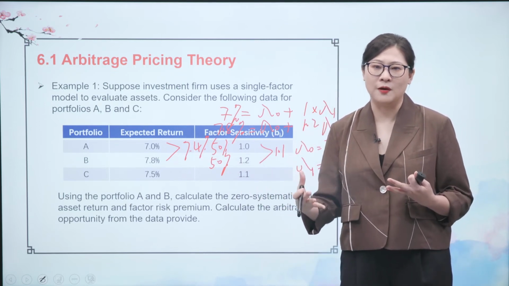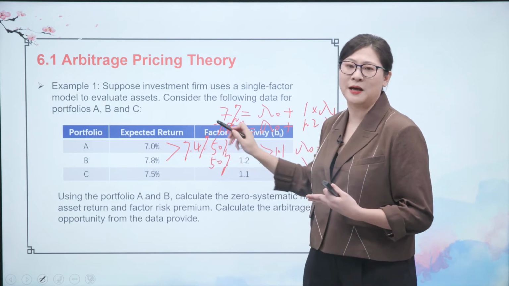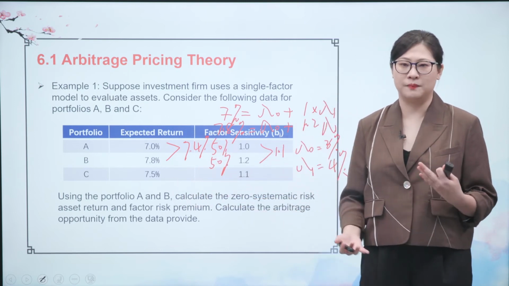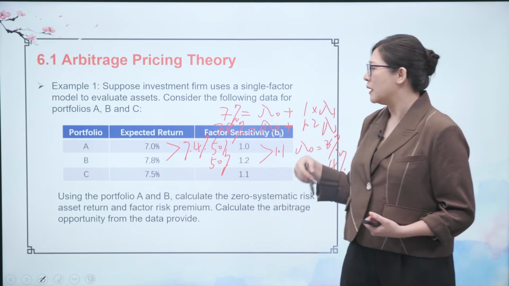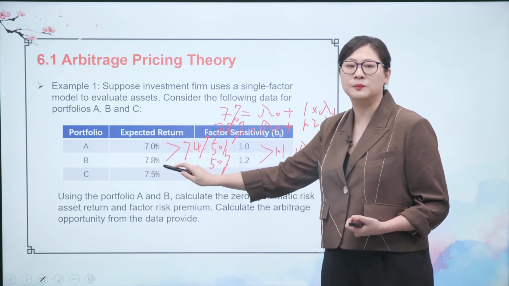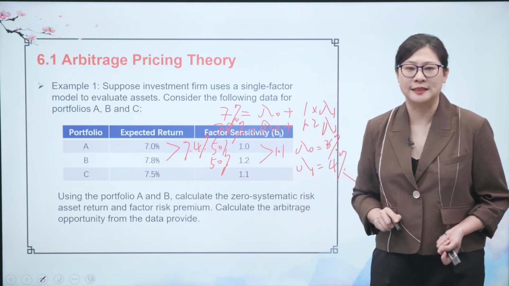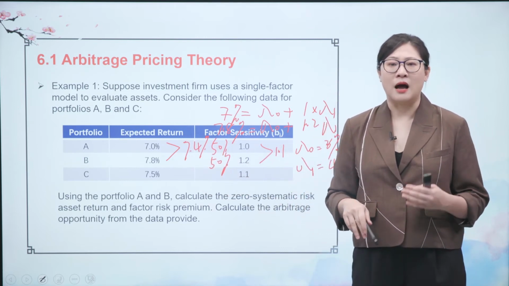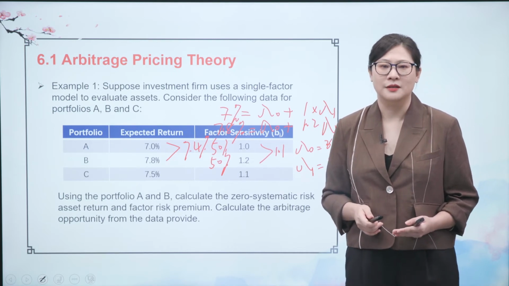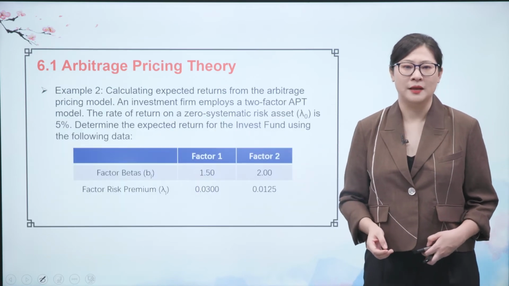Half of portfolio A and half of portfolio B will give you a lower expected return compared with portfolio C. In this case, we will sell half of portfolio A and half of portfolio B, and then buy all of portfolio C. We will earn the arbitrage profit, which is 0.1%. So that's the case for arbitrage opportunity.